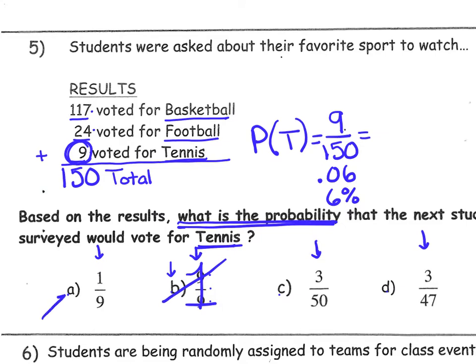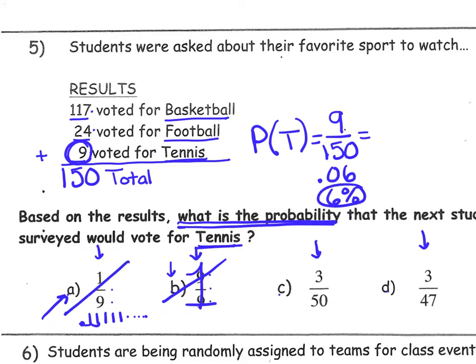If you punch in 1 divided by 9, it converts to the decimal value 0.111 repeating. And as a percentage, it's a little over 11%. Clearly, that's not the 6% we're looking for.